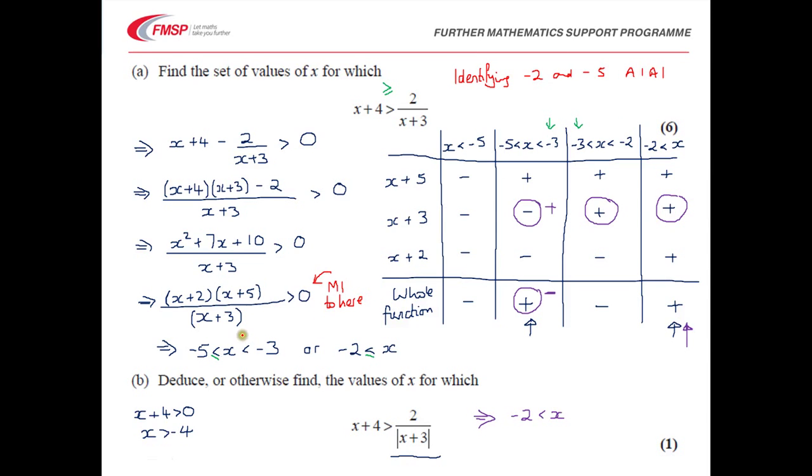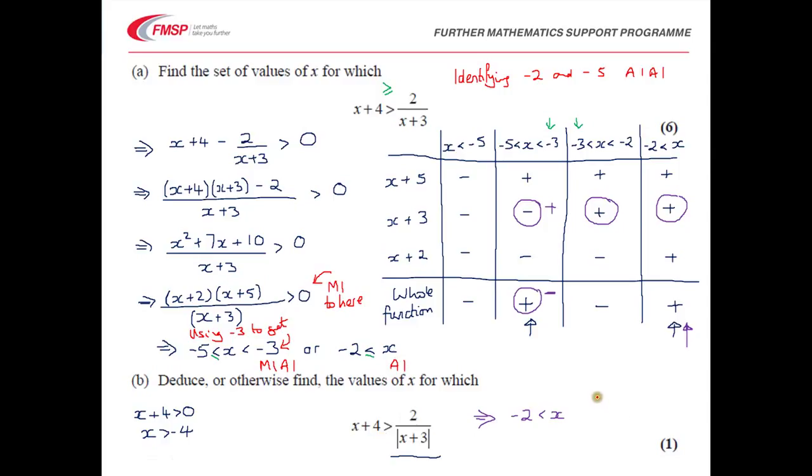And then another mark for using the other critical value to get this inequality here, a method mark and an accuracy mark, and finally an accuracy mark for the final inequality.